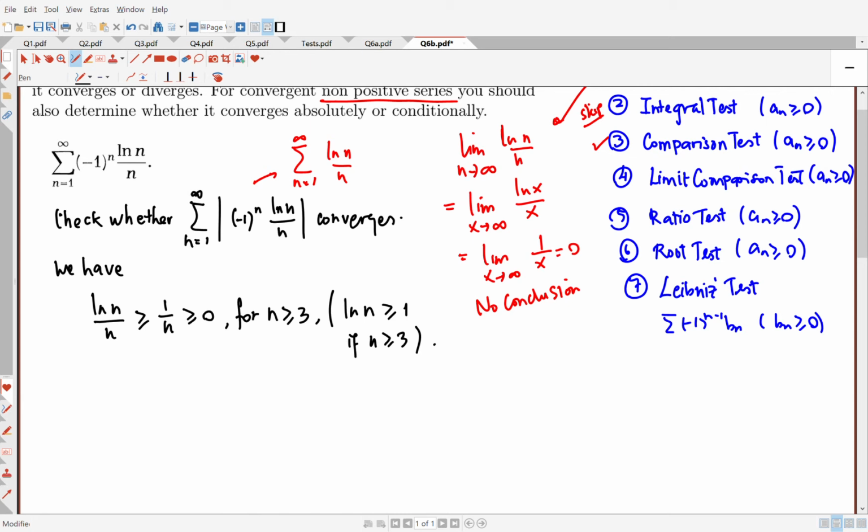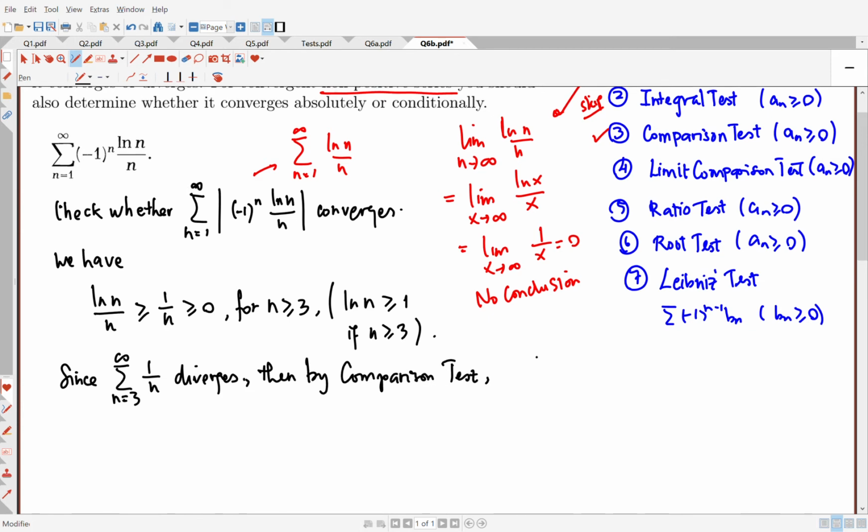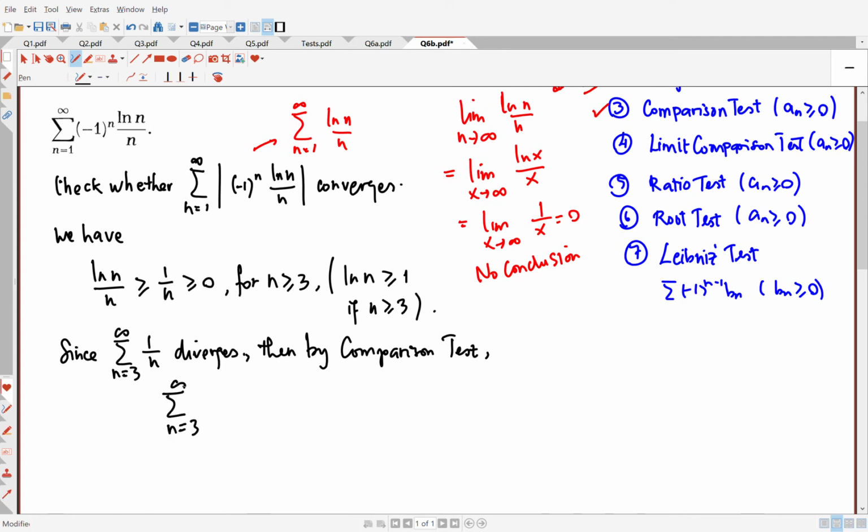Okay? So, by comparison test, since the sum n starts from 3 to infinity of 1 over n diverges, then by comparison test the sum n starts from 3 to infinity of ln n over n diverges.